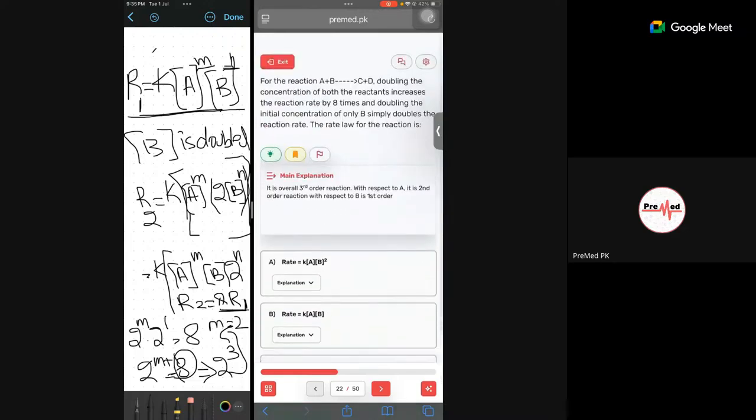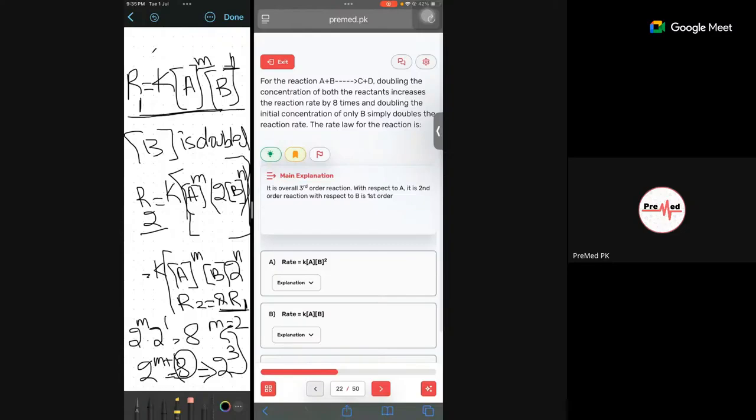So when b is being doubled, we will say that it is 2 times b to the power n. Now we are just concerned with the powers and not with the alphabets. So if we say that 2 to the power n and a to the power m is the equation of rate 2. And we also know that rate 2 is 8 times, according to the MCQ, 8 times of the initial concentration. So we will say 8 times 1.